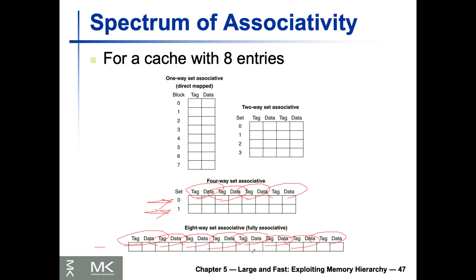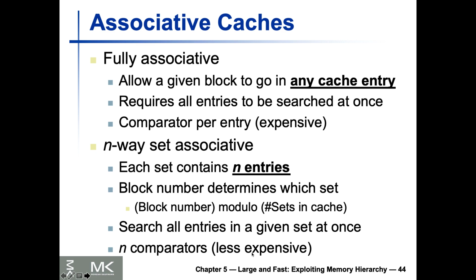For 4-way, it should be like 4 sets, right? Why is 2? So 4-way, 8 blocks. Why is this? It means like in one set you have 4 data. So n-way set associative, you have each set contains n entries. Okay? So when you have 4-way, each set contains 4 entries, right?